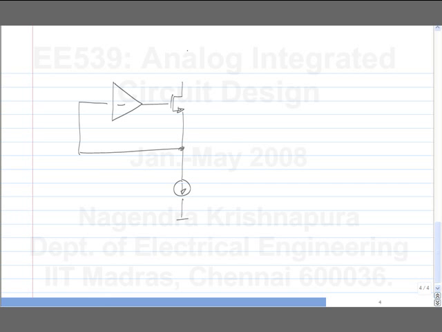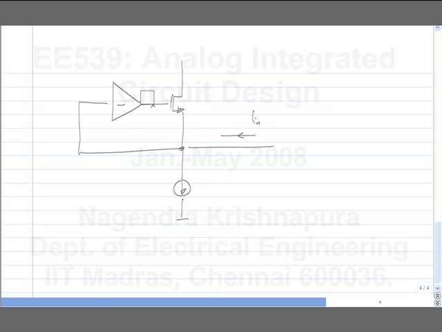Again, it turns out that you can apply a current. Now this does behave like a common gate amplifier. In fact, it's better than a common gate amplifier. You can go and analyze it. When I say better, its input impedance is even lower than that of the regular common gate amplifier.